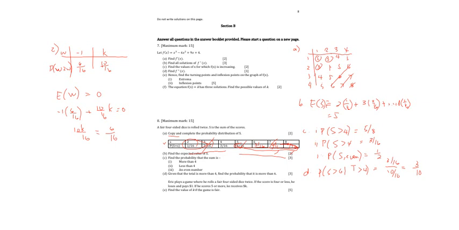So we can have k equals 6 times 16/16/10. So k is 0.6. That's the value of your k when it's 0.6.